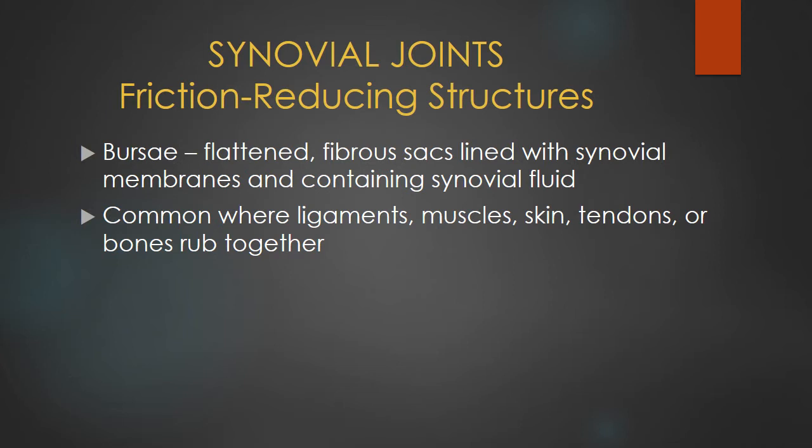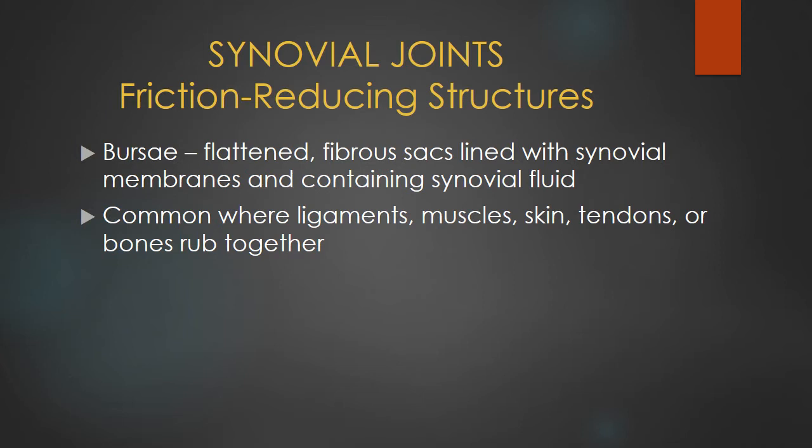At the standard synovial joint, we had a synovial membrane with an inner secretory layer and an outer fibrous layer. Well, bursae are exactly the same, except bursae are flattened sacs, the interior of which is lined with synovial fluid, the exterior of which is fibrous connective tissue.